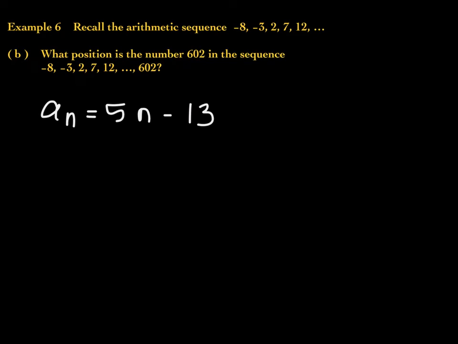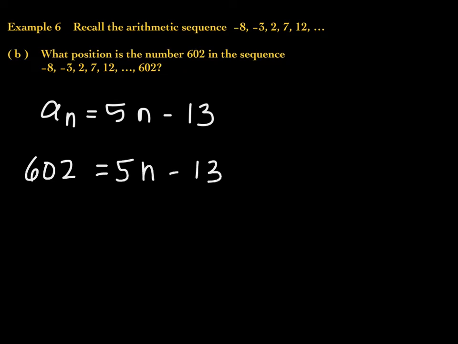That's going to be our best friend, all right? Now, here we go. We're looking for the position that the number 602 has in the sequence. So we're looking for this n value right here. So all we have to do is plug in the number 602 and solve for n, because that's what we're looking for.